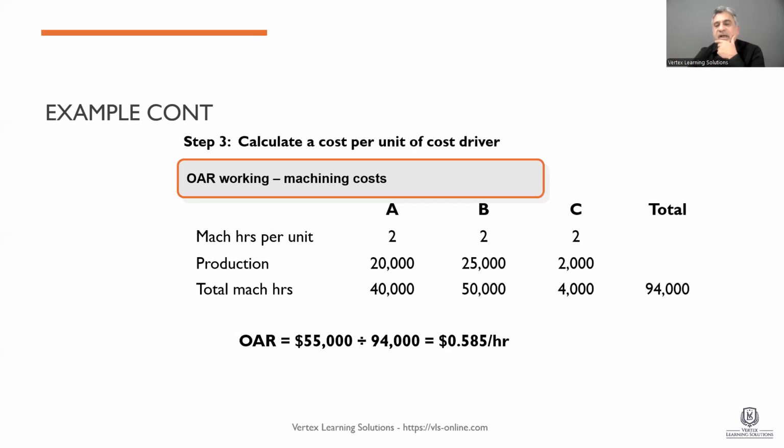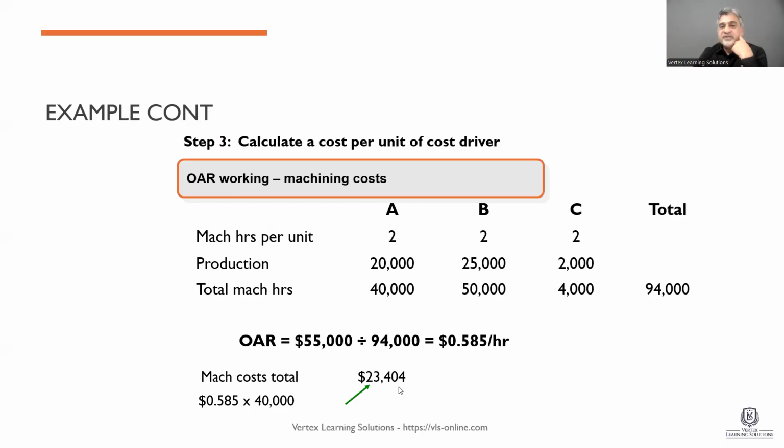Okay, so let's go back and see the machine cost total. Product A has total hours of 40,000, because 2 hours per unit, 20,000 units, it used 40,000 machine hours. Multiply 40,000 with 0.585, so you get 23,404.